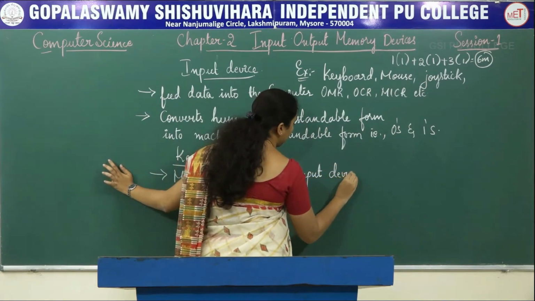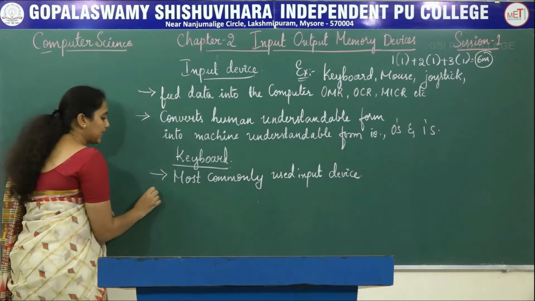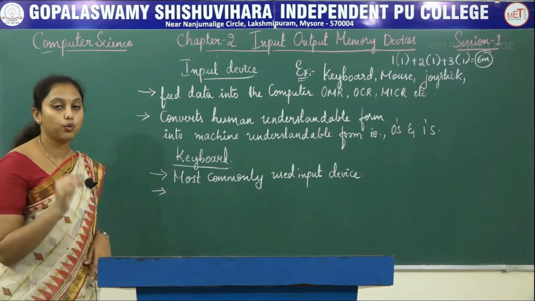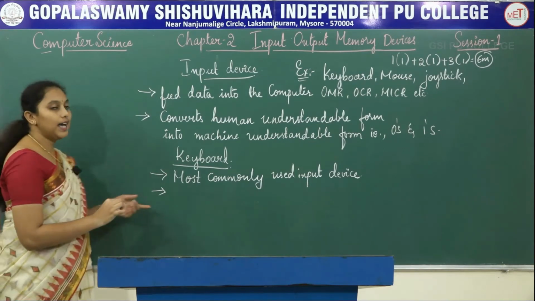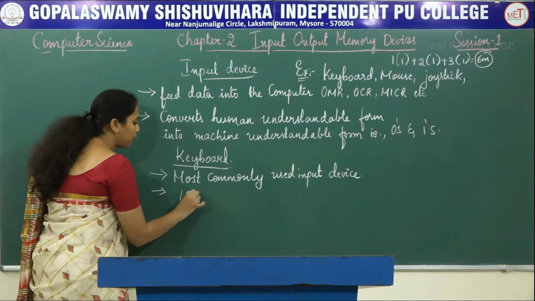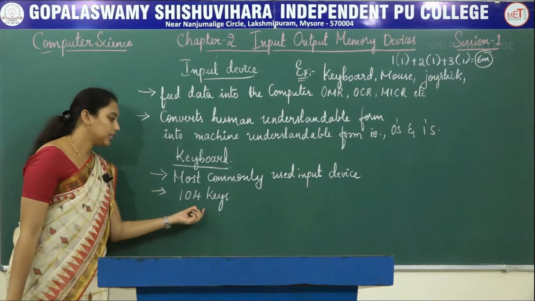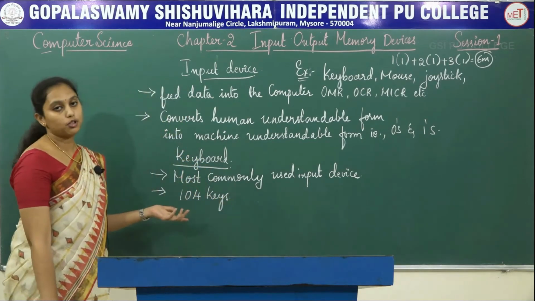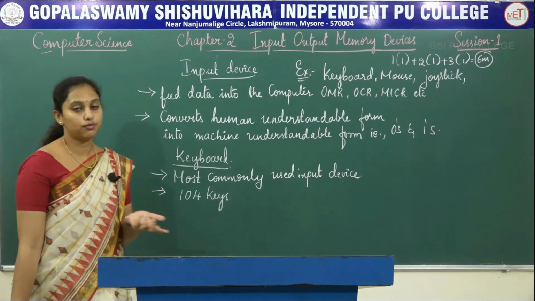This keyboard contains typewriter-like keys to feed the data into the computer. It usually has 104 keys. The number of keys depends on the keyboard. Based on the arrangement of the keys on the keyboard, it varies from 98 to 104 keys.